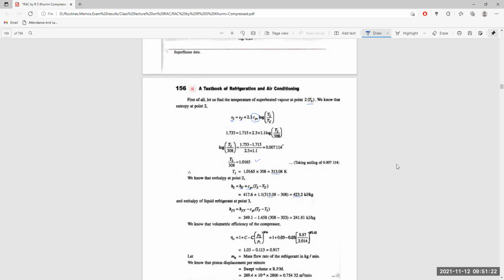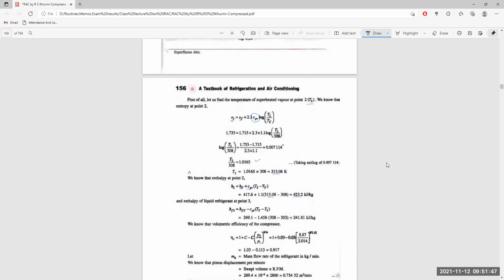The enthalpy of liquid at point 3 is HF3, equal to HF3 dash minus the specific heat times T3 dash minus T3.